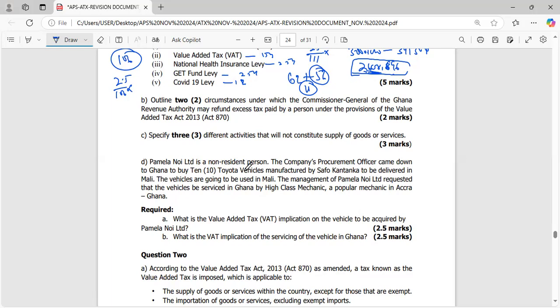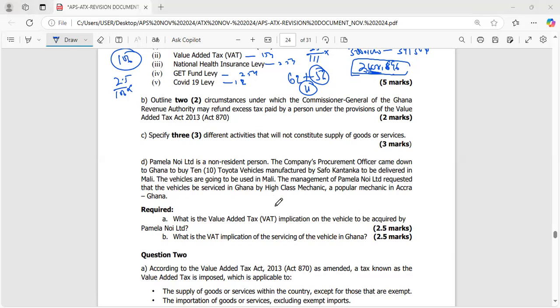What is the VAT implication? It will not be taxable. It will be exempt from VAT. Will it be exempt? No, it will be zero rated.